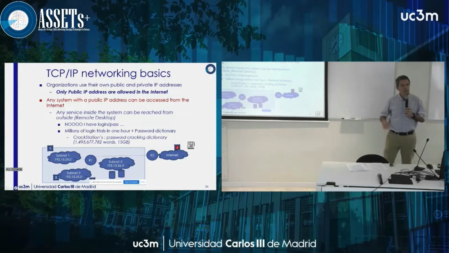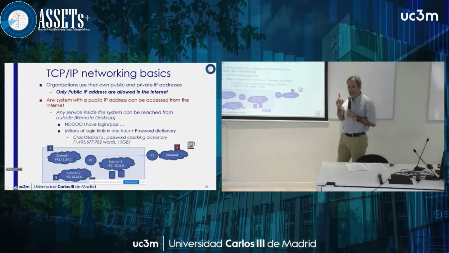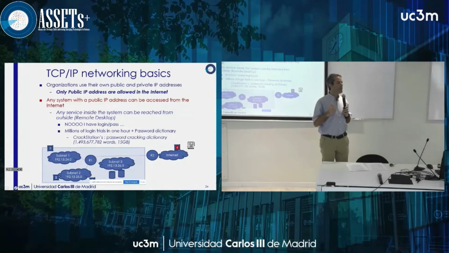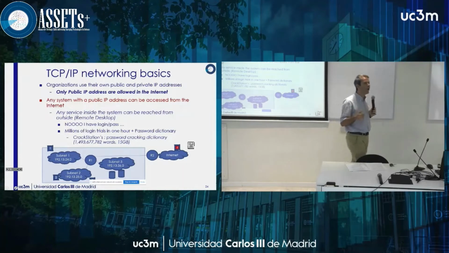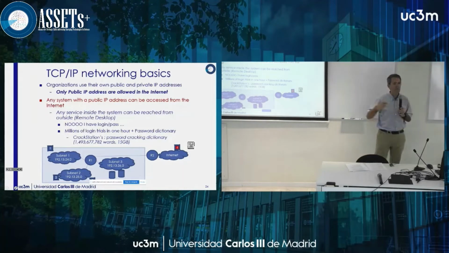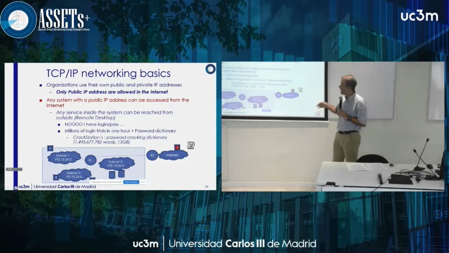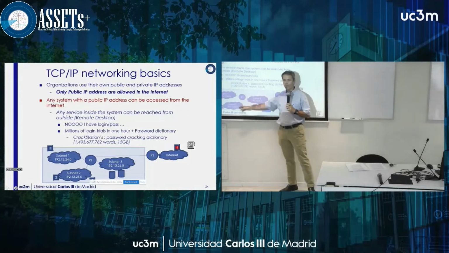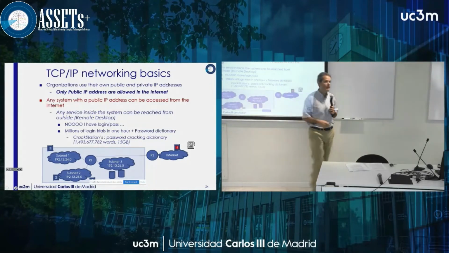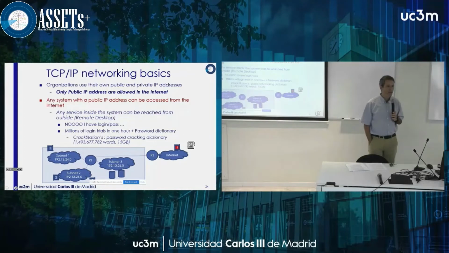Okay, so the first idea is any system, any computer that has a public IP address can be accessed by anyone, any computer all around the world, okay? A computer in North Korea, in China, can directly send information to me if I have an IP address.